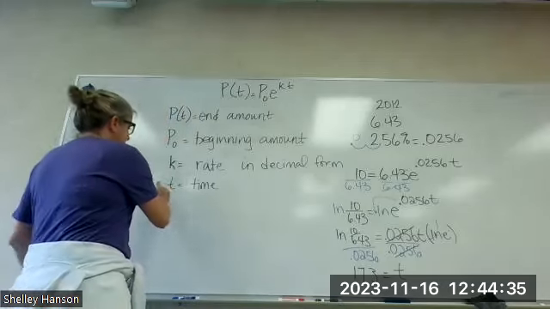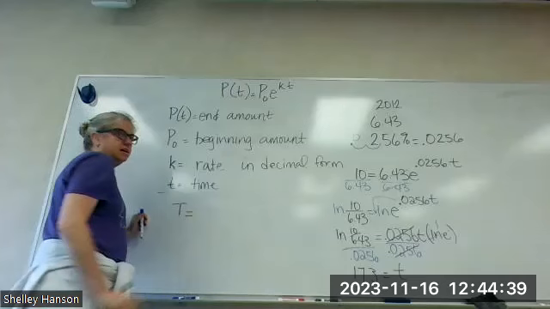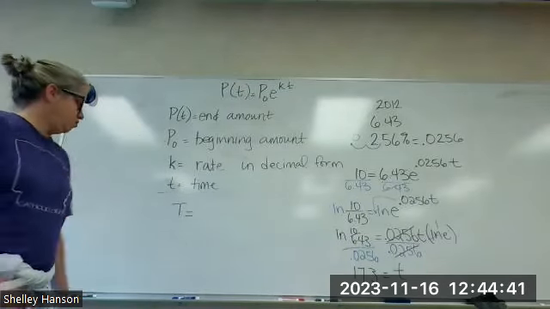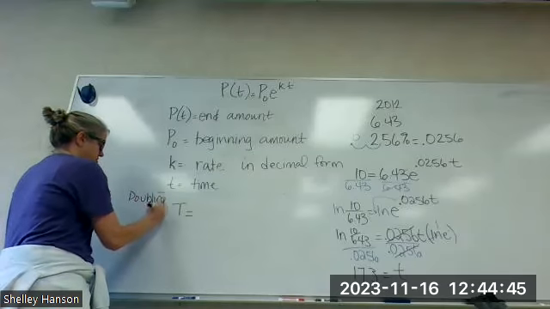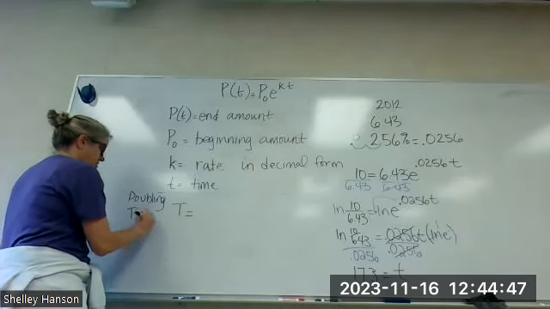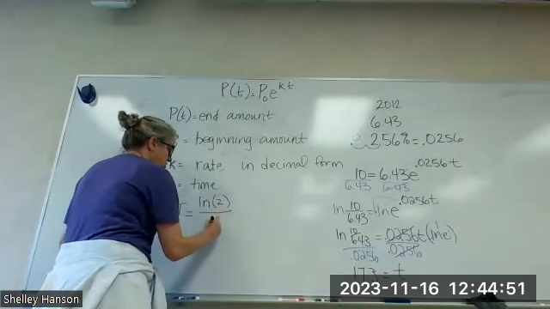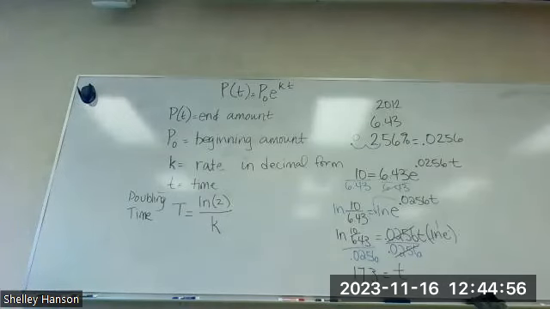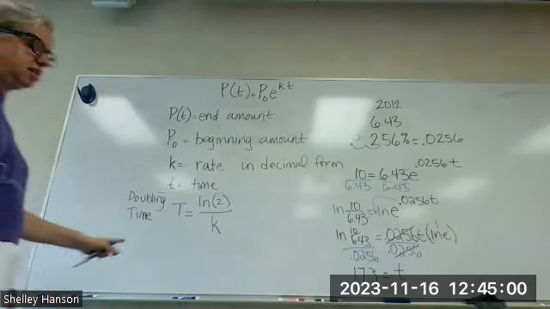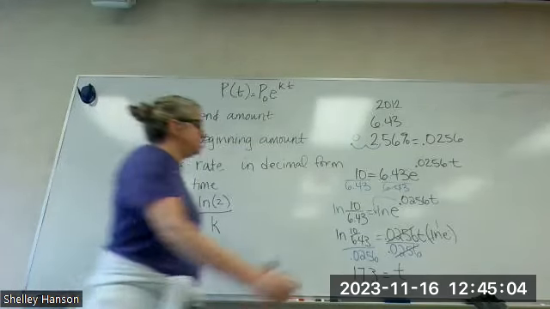Doubling time has a formula. t equals ln of 2 over whatever the growth rate is in its decimal form. So in this one, how long is it going to take the population to double?